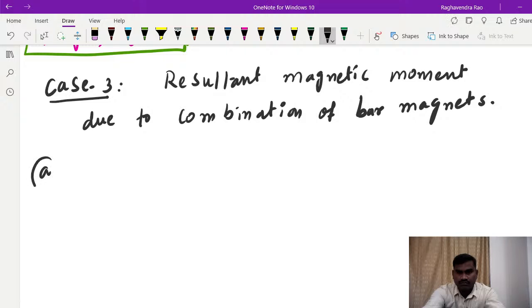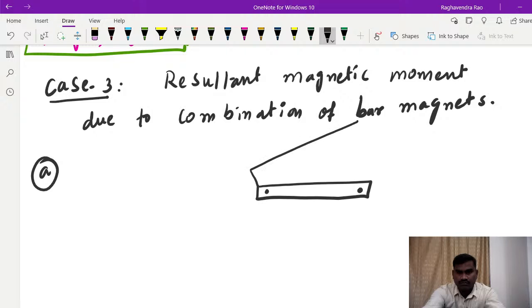Now point A. Here we are taking two bar magnets like this. This is one bar magnet, and another bar magnet we are placing like this at some angle.